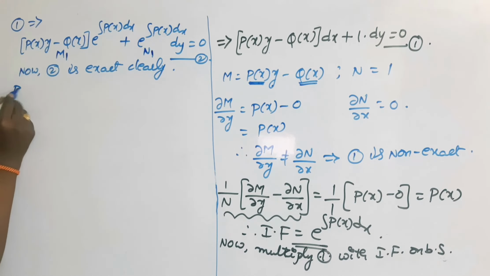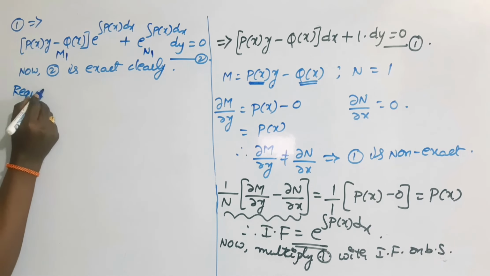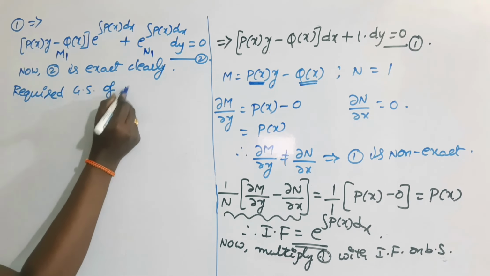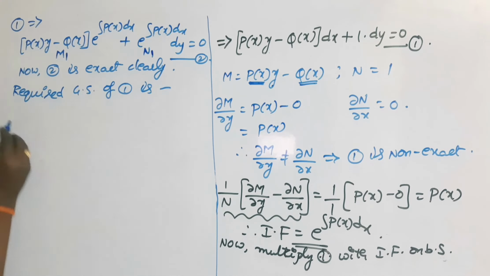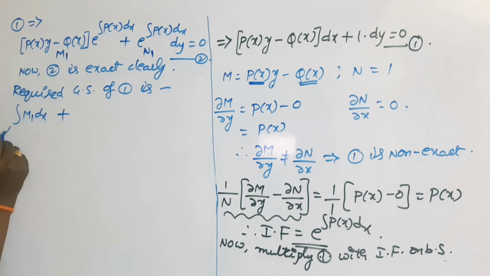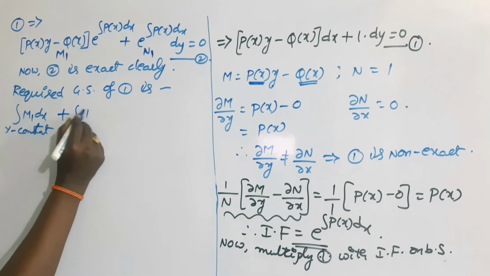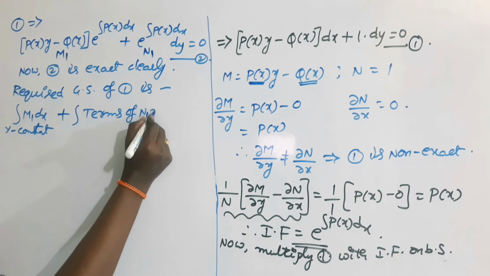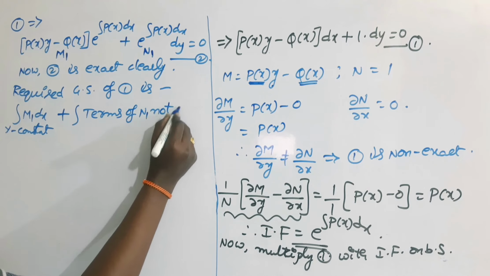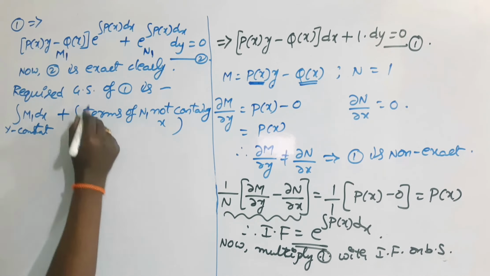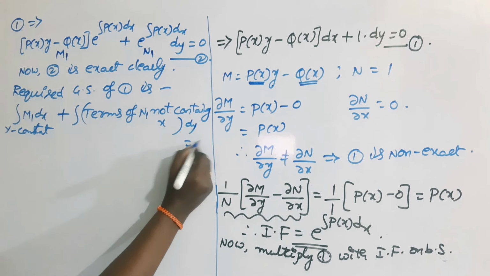So the required general solution of 1 is integration of m1 dx, treating y as constant, don't forget it, here y is constant, plus integral of terms of n1 not containing x, whole into dy is equal to c.